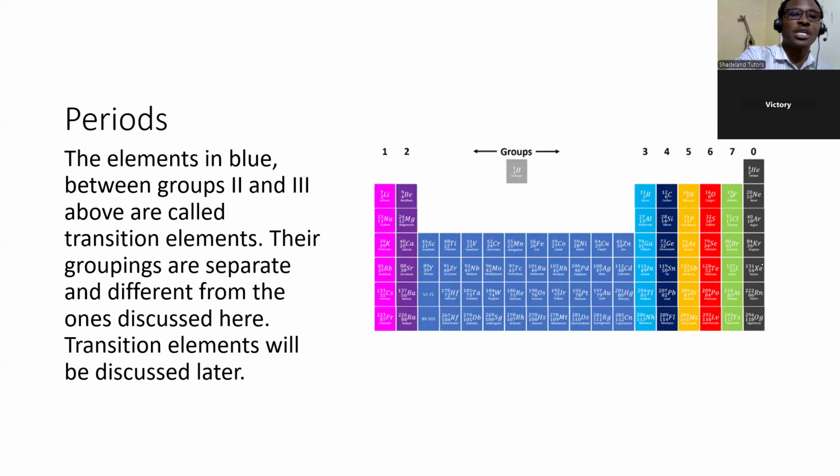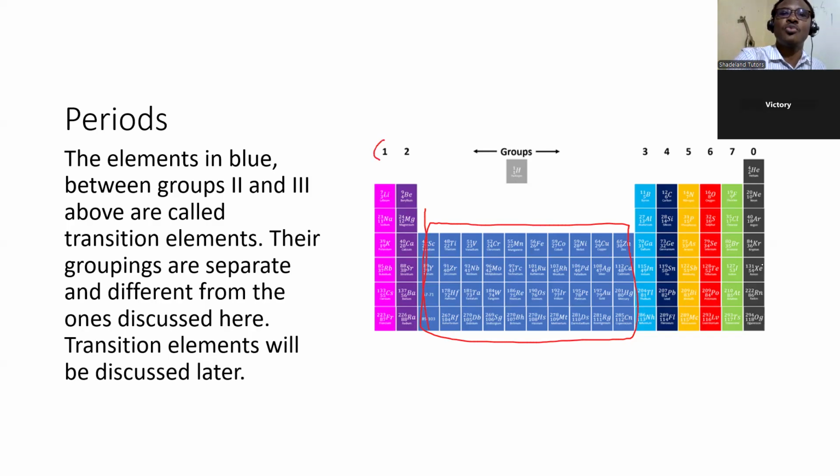The blue I'm talking about is this region here. When we are talking about groups, for now, at your level, we will not include them.